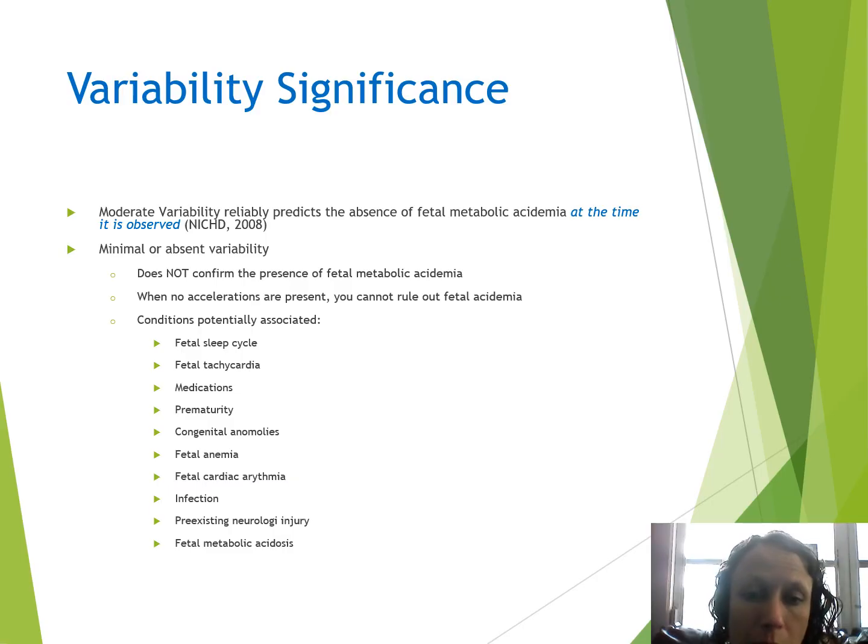If we have a really premature baby, congenital anomalies, fetal anemia, infection, anything that's affecting mom and baby, you'll see it with the lack of moderate variability.